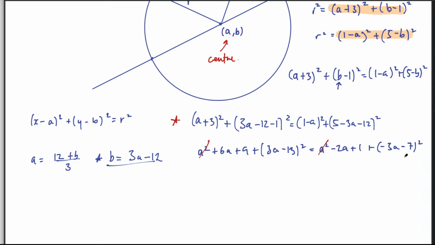Oh, I hope everything doesn't just cancel here. (9a squared take 39 times 2, 78. Yeah, 78.